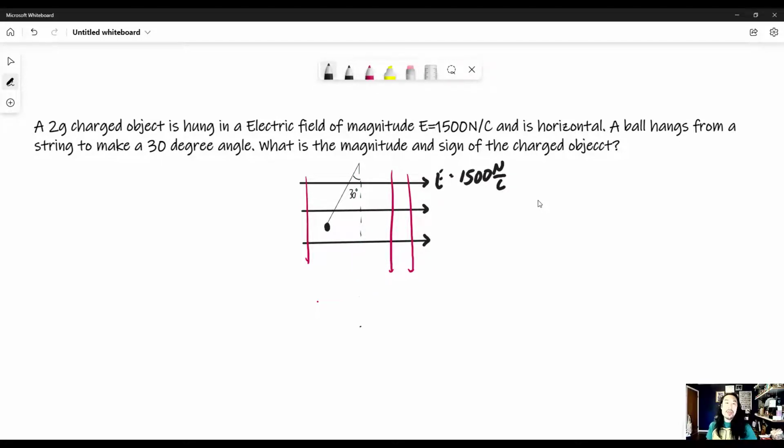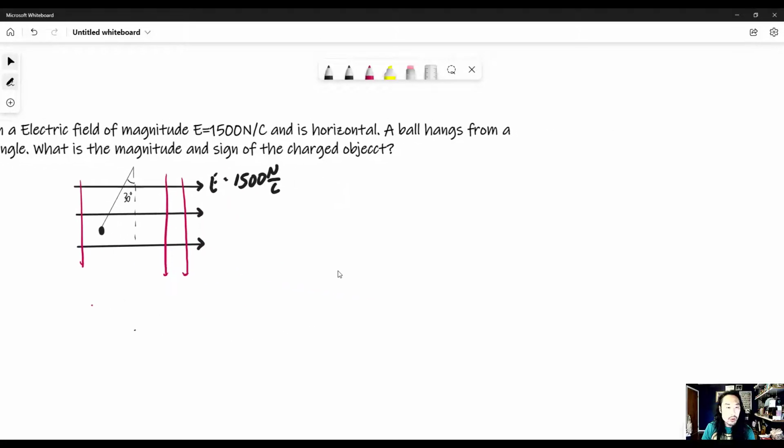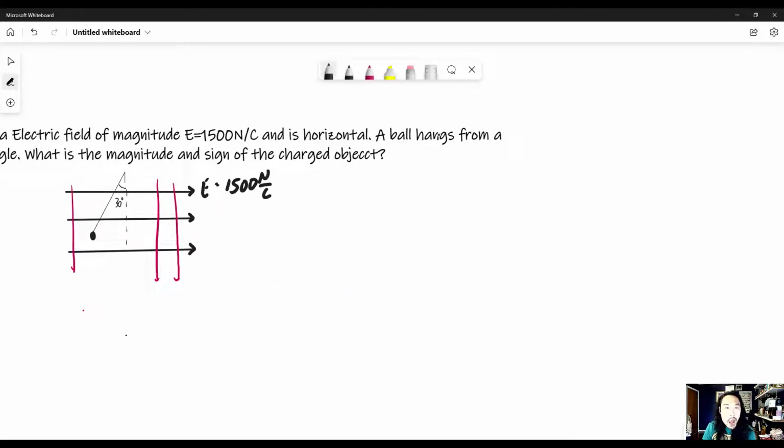With that being said, let's start off and try to solve this problem. One of the first things we should always do, if applicable, is try to draw a free body diagram, and in this case a free body diagram is definitely applicable. This dot will represent my ball.